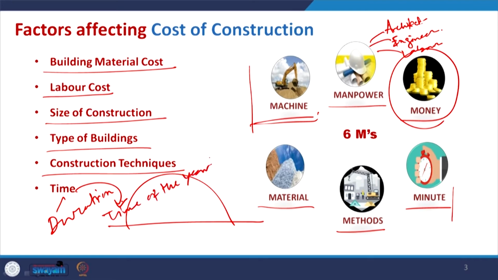So, if you pick a good time for construction, not heavy construction that will take year after year, but any construction that can be managed within 2-3 months, then when you do it matters. Any RCC construction will require some curing, so whether you plan it before the rainy season or after the rainy season, these are the things that will really affect the cost of construction.